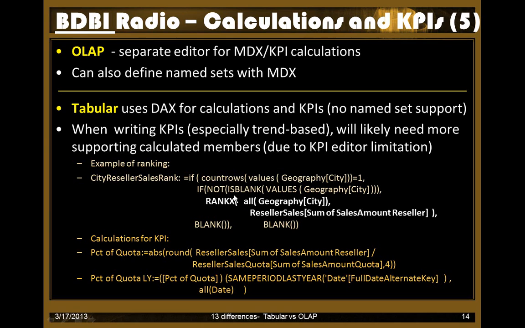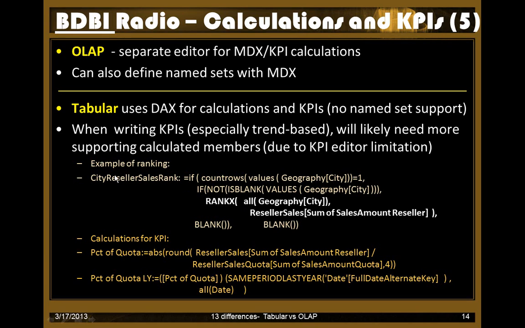And here's an example. Suppose we want to rank sales by city. Well, there's a function in DAX called rankx, and again, I'm going to have a separate program that's going to focus on DAX. We are essentially ranking each city across all of the cities. Now, there are also some other things we need to take into account. There might be a grand total, or there might not be any cities, or this might be a subtotal within a larger dimension.